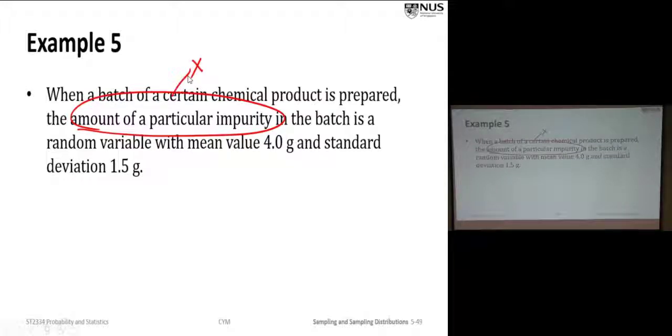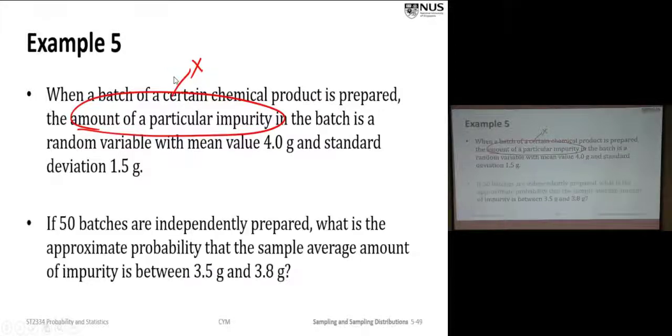Different batches have different amounts of impurity, and we believe that this impurity has an expectation equal to 4 and a standard deviation equal to 1.5. Now we take 50 batches independently prepared, and find the approximate probability that X bar falls between 3.5 and 3.8.